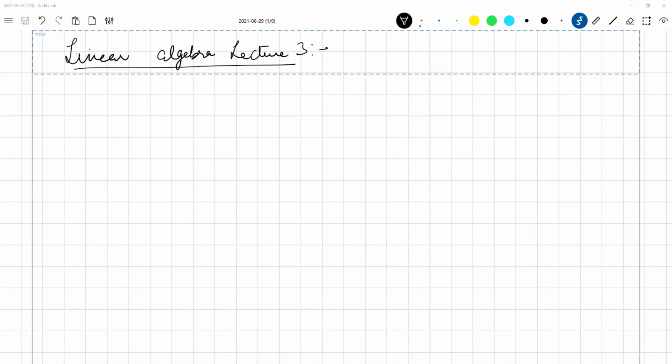No, sir. Okay. So we were talking about LU decomposition in the previous class, and let us continue with that.